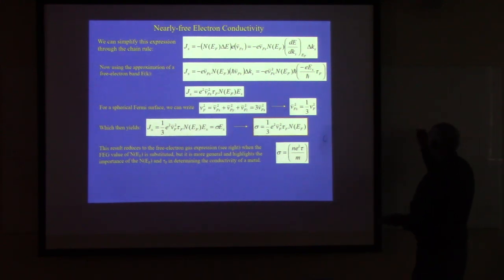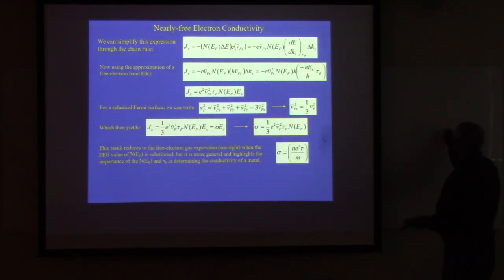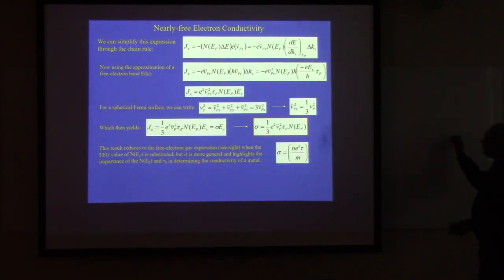1/3 e squared Vf squared tau times N(EF). Here we write N(EF) as 3n over 2EF. EF I can write as half m Vf squared, right? So then Vf squared cancels. These threes cancel. These twos cancel. You get exactly that one, right? n e squared tau divided by m.